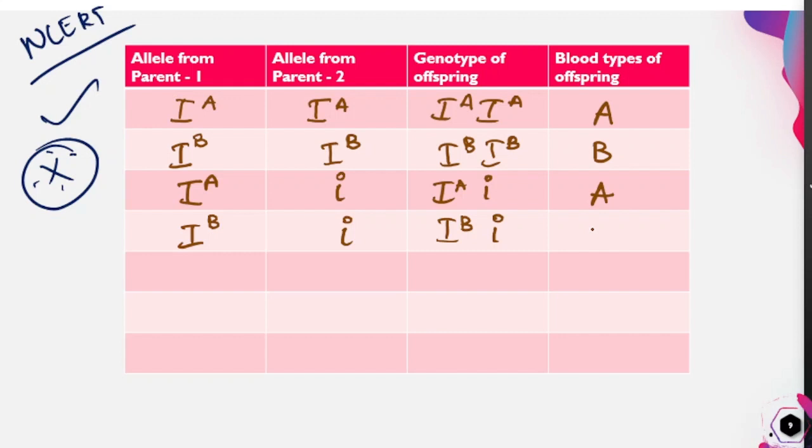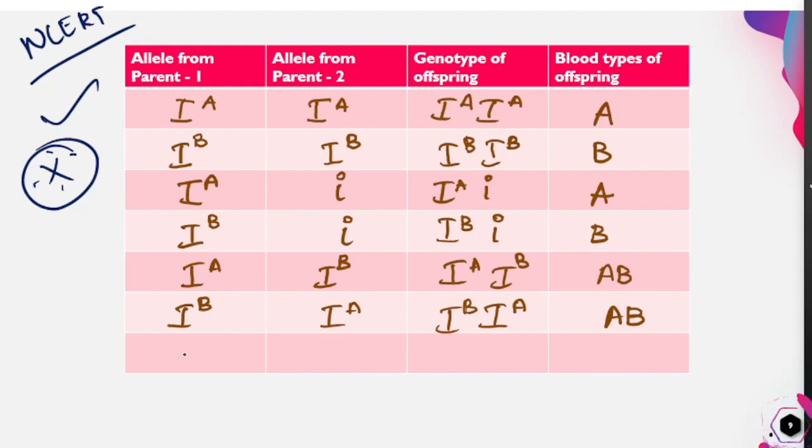Both are dominant characters, so the blood group is AB. If parent 1 produces I^B and parent 2 produces I^A, you get I^B I^A, which also gives AB blood group.